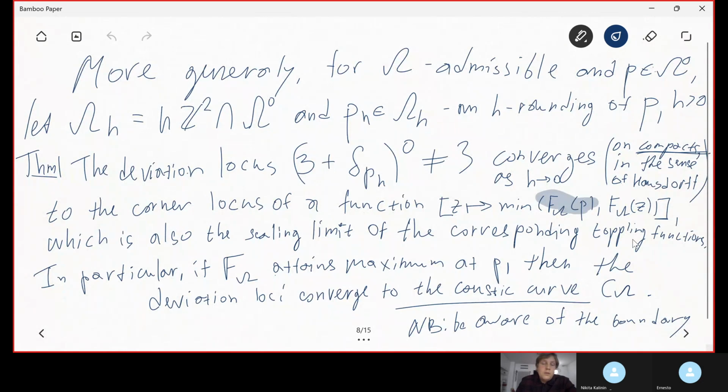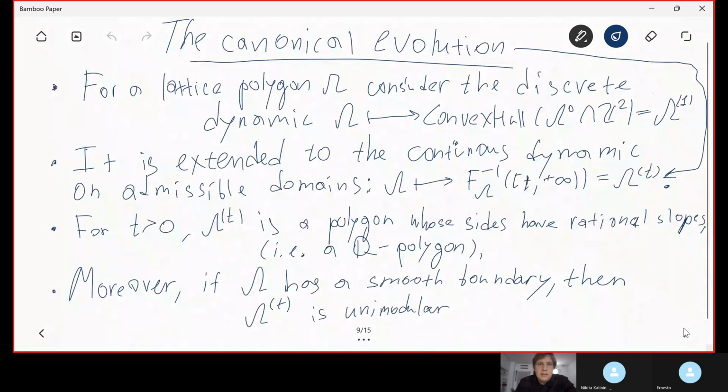Okay, and one of the tools we need to prove the theorem in this case is the possibility to approximate our domains from inside by polygons with rational boundary slopes. So in the most canonical form, this comes as this thing called canonical evolution.